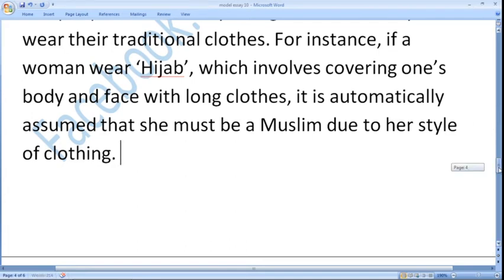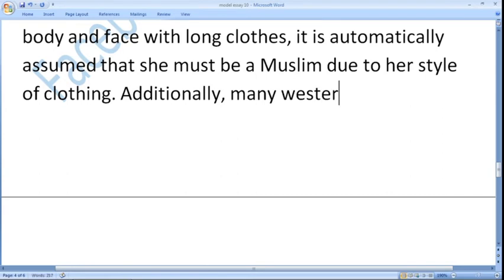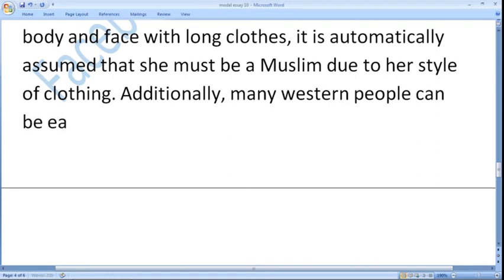And another example, as I have said, jeans. Additionally, you can say additionally. Additionally, many Western people can be easily recognized because they wear jeans.